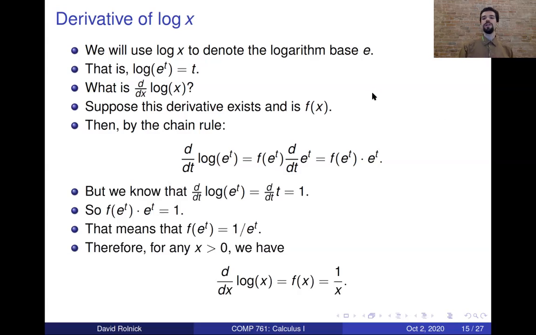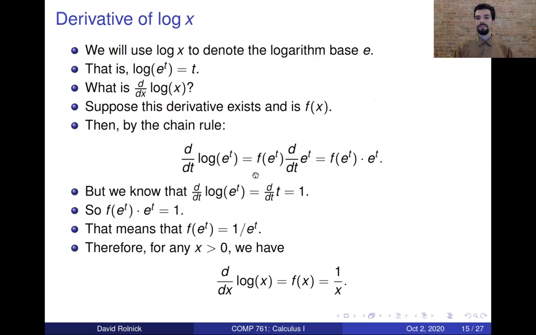This is a question: do we need to prove that it exists? This is a really good point. We didn't prove that it exists, so this is not a full proof. This is assuming the derivative exists. Yes, that is correct, and it is a very good question.